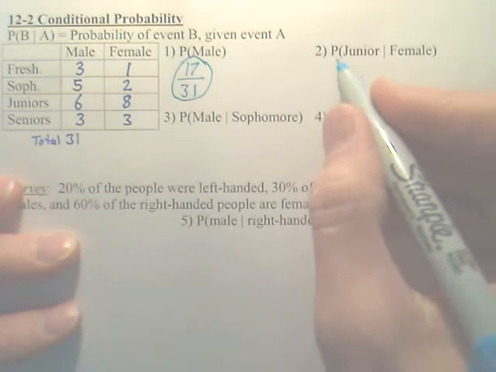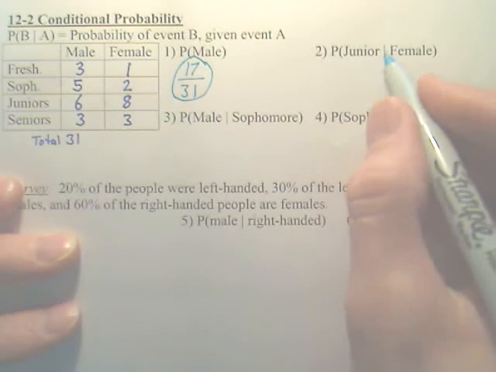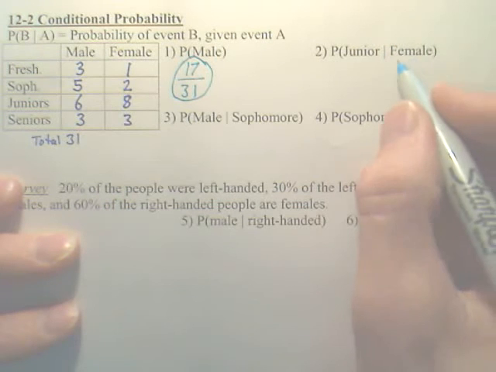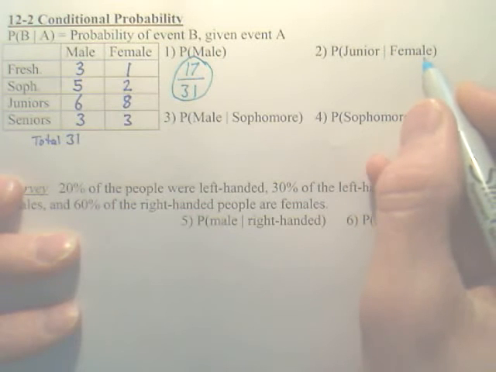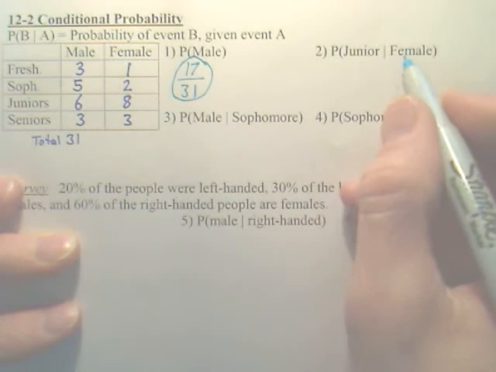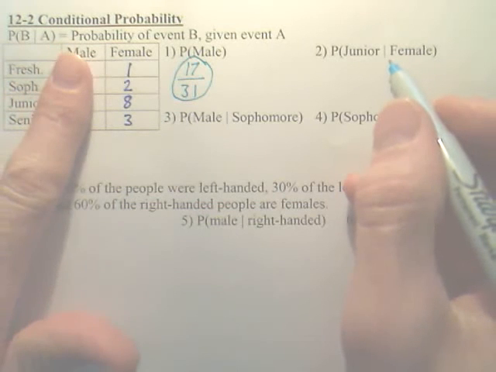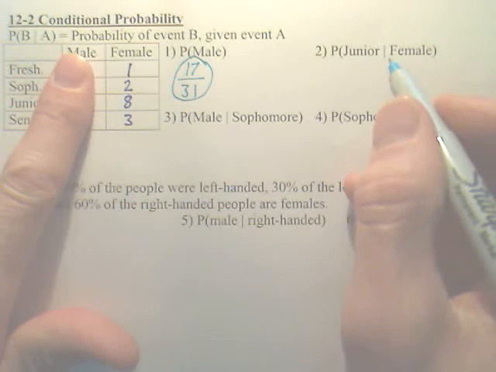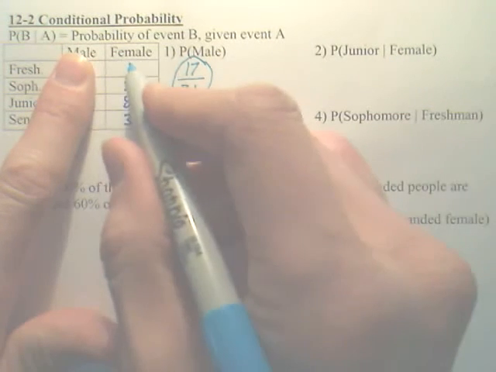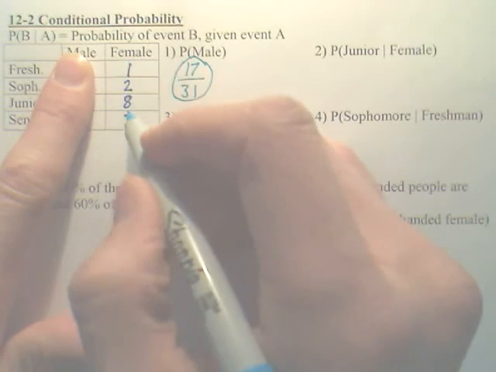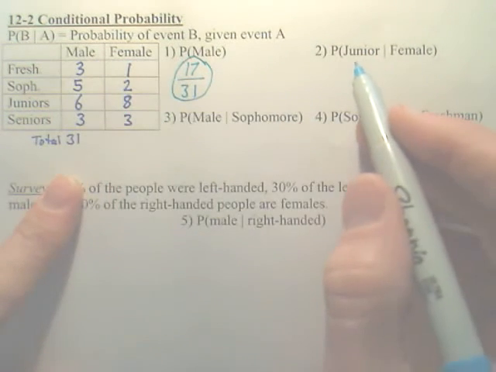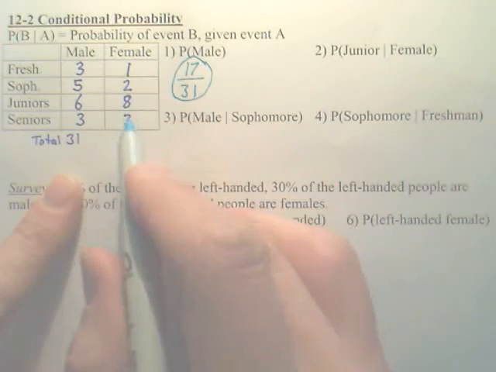Now the next one says the probability of a junior, given, this means given, it's a female. So first of all, given it's a female, does that mean we just ignore all these? No. Given it's a female means focus only on this column. And next is the probability of juniors for this column.